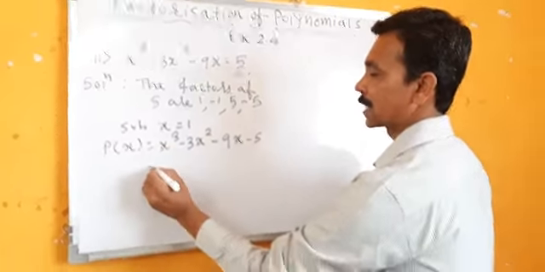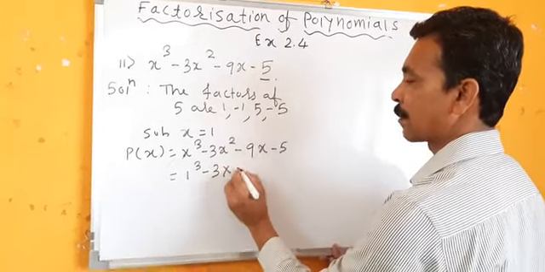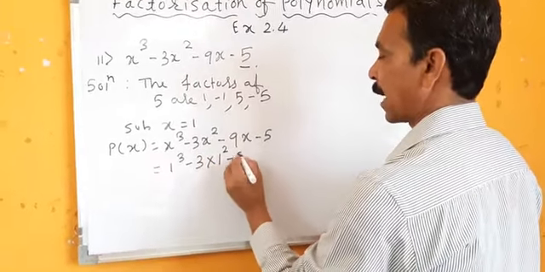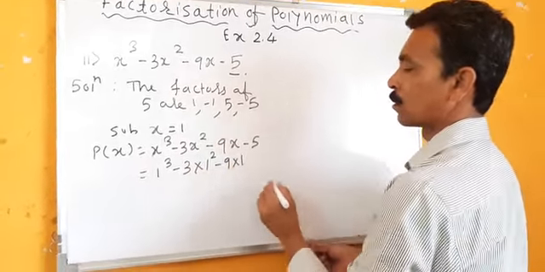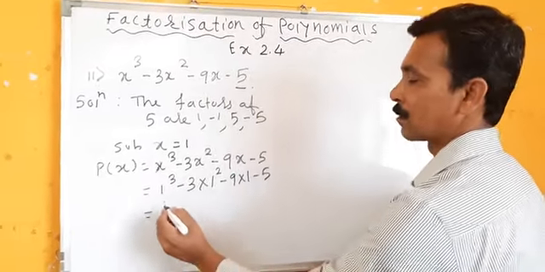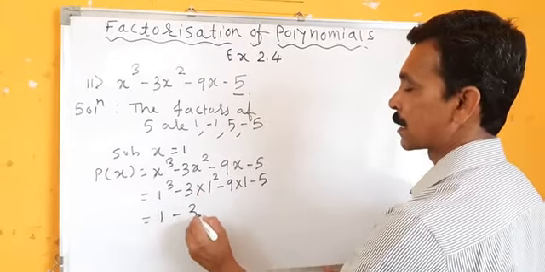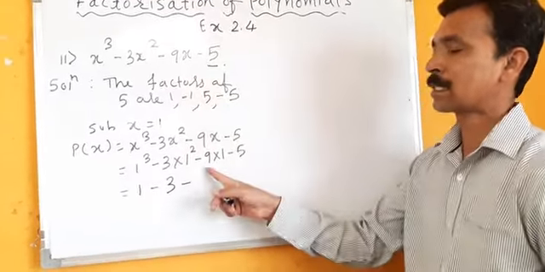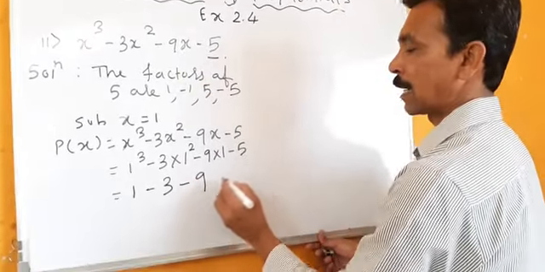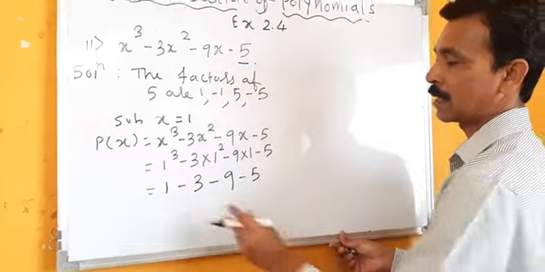What is the value of x? 1. 1 cube minus 3 into 1 square minus 9 into 1 minus 5. What is cube of 1? 1. Minus 1 square is 1. 1 into 3 is 3, minus 9 ones are 9. This is minus 5. Right?